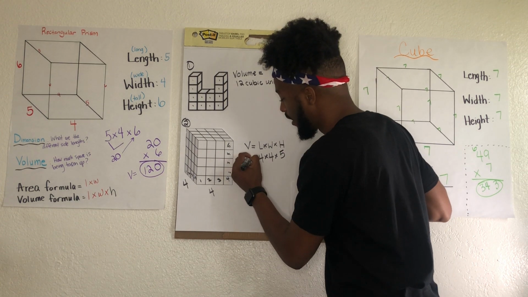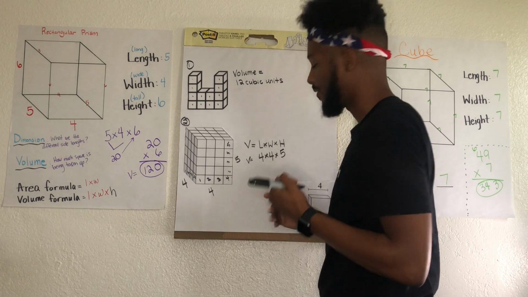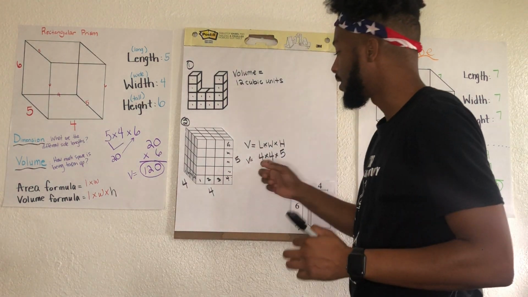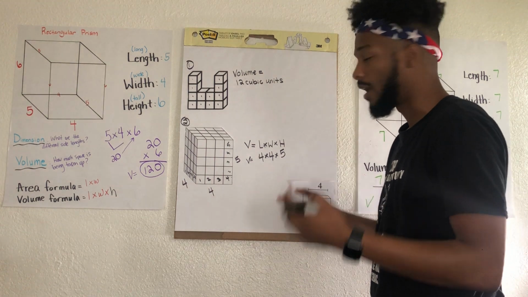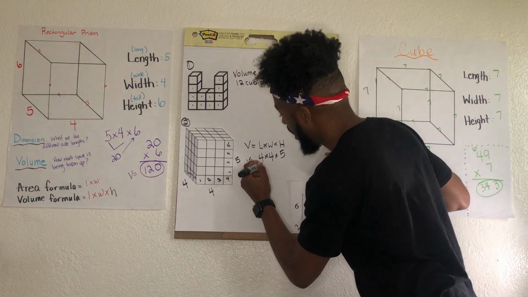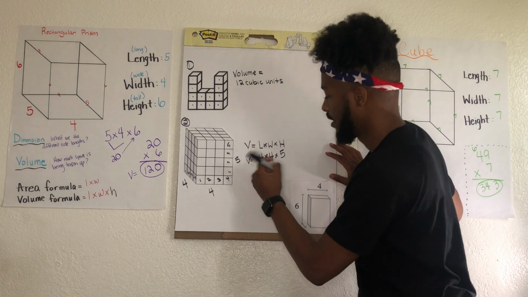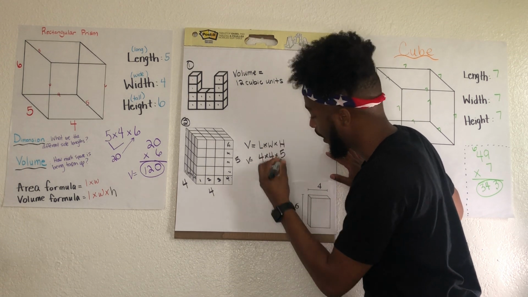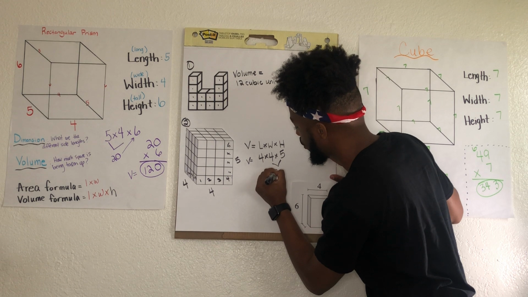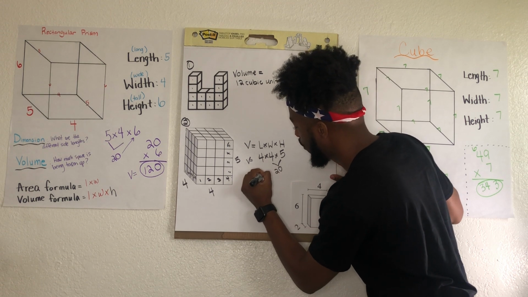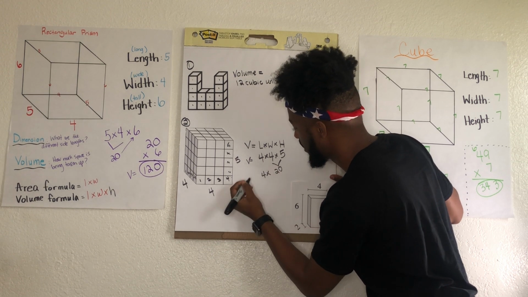So now we know that our volume is 4 times 4 times 5. We have to use multiplication in this case to find the volume. An easier way, if you want to do quick math: 4 times 5 I know is 20, and 20 times 4 is 80.